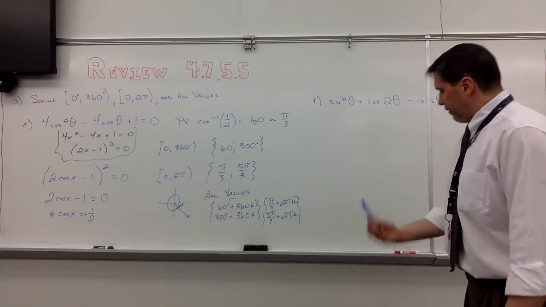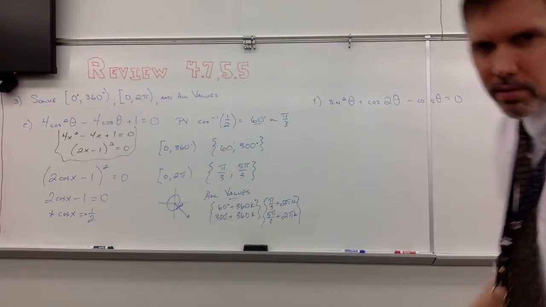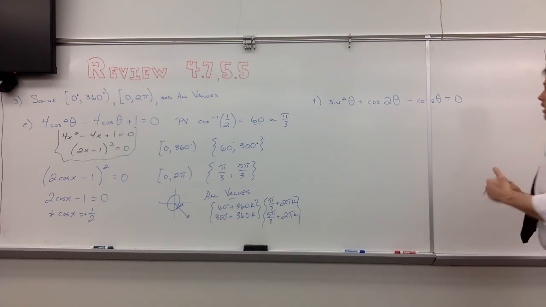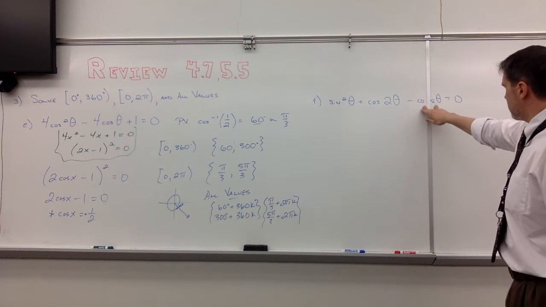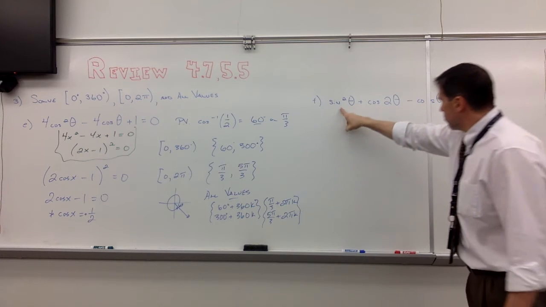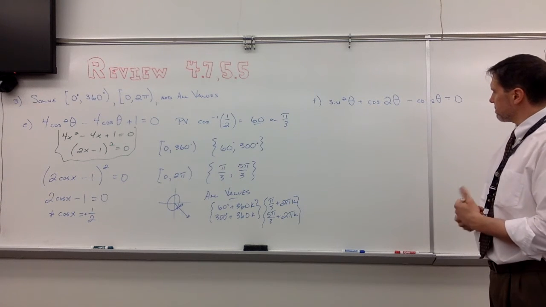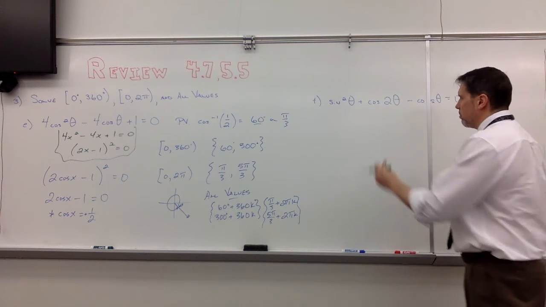All right, letter F. Let's change colors here. Hopefully that's suitable. All right, looks like we got some options here. We got a cosine 2 theta, and this is already a cosine. I'm thinking I'm going to need a substitution for sine squared. Yeah, probably.